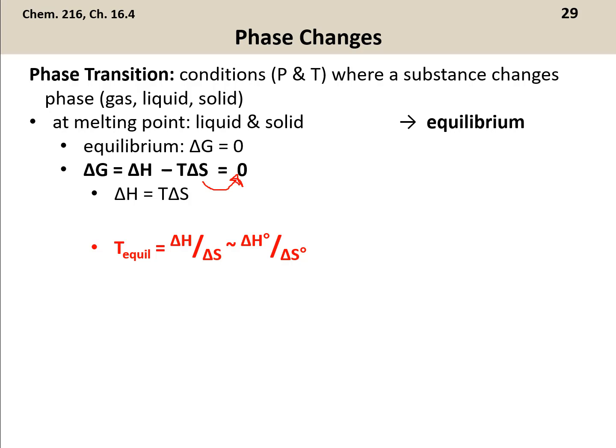So I get delta H equals T delta S. I can rearrange this again to get the temperature is equal to delta H over delta S. Now, this isn't necessarily at standard conditions, but I can approximate this phase transition temperature by taking the standard enthalpy, delta H naught, and dividing by delta S naught, the standard entropy.